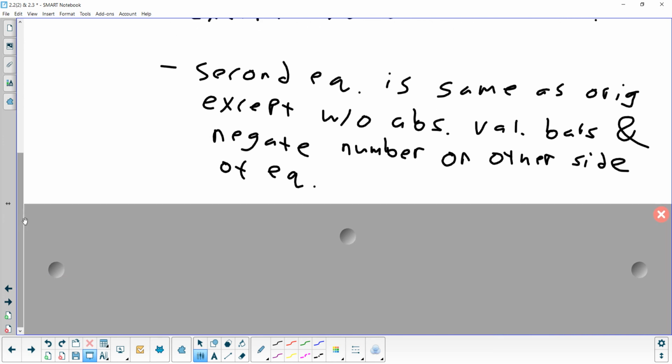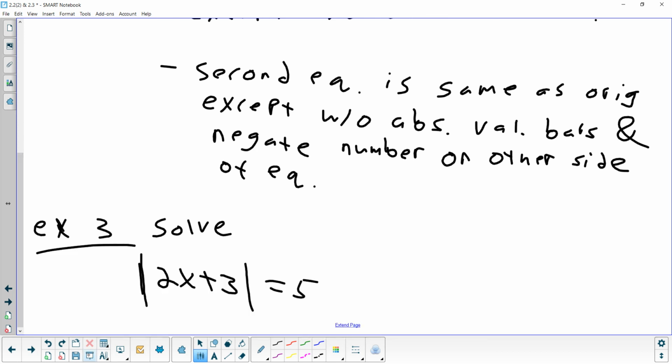Any questions on that idea? Okay. So, is that absolute value isolated on one side? Yes, it is. It doesn't have a times 10, or a plus 6. It has nothing else outside the bars.